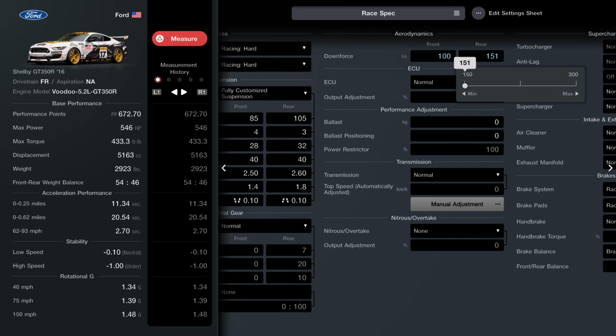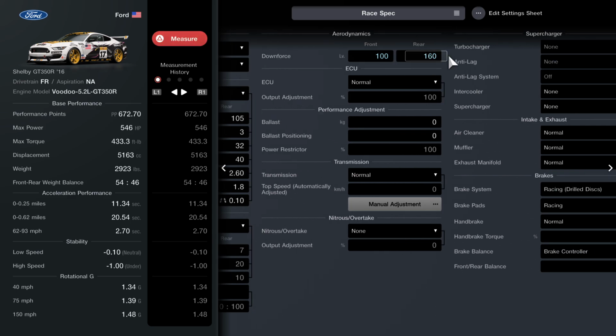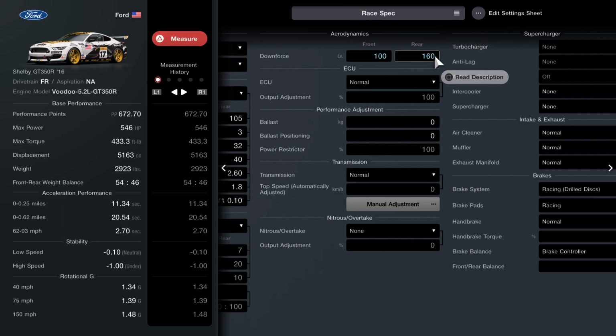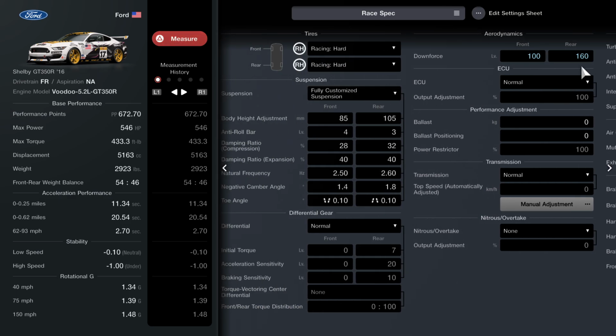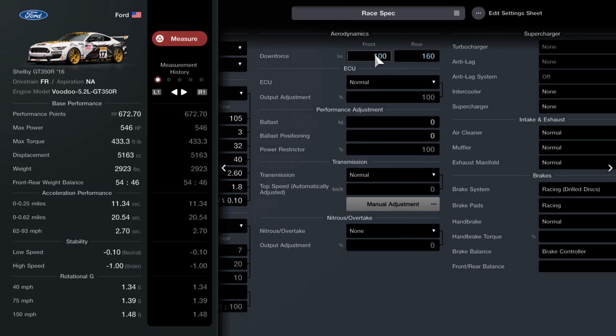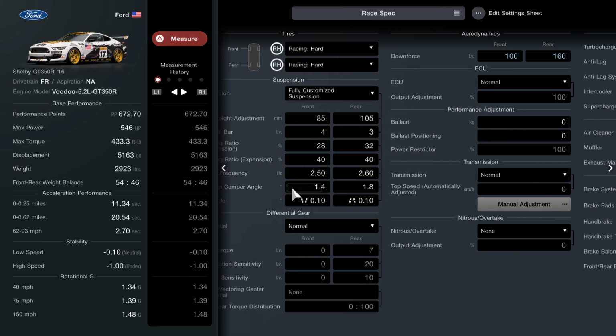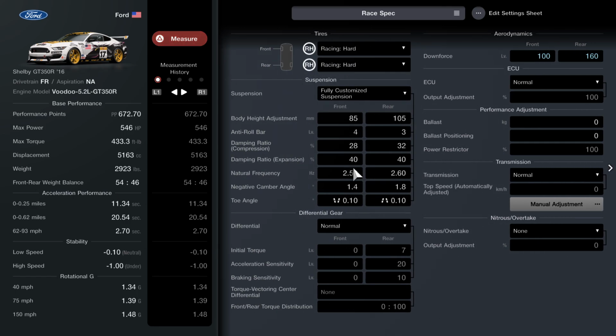I found that 10 more points to the rear has a greater effect, but doesn't change the front. Like it's fine. You can set it like that and it works out great. When I tune my cars, this is how I set my aero if it's applicable. Reason is because I'm relying solely on mechanical grip and the tires.